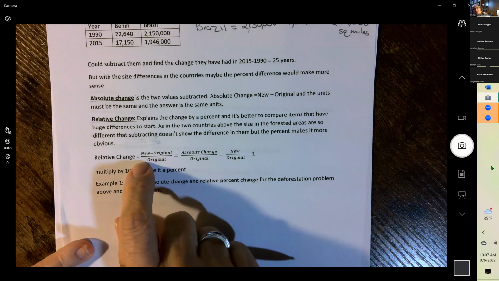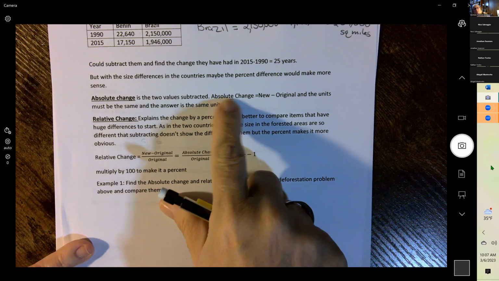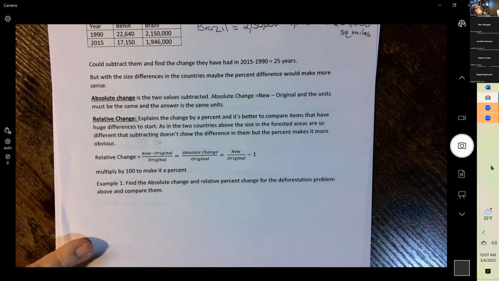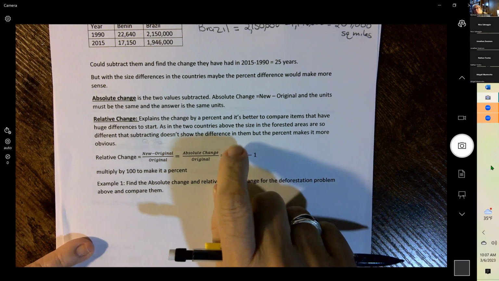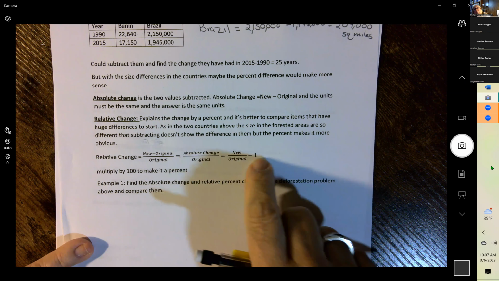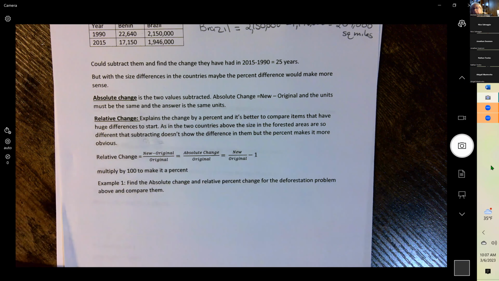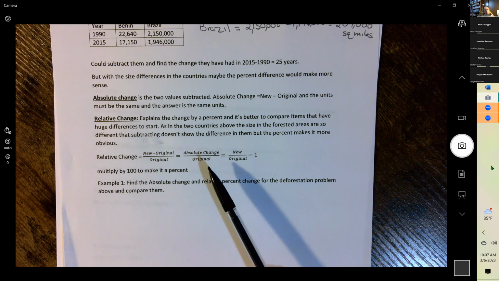Now, notice new minus original is absolute change. So you could just do absolute change divided by the original. Or you can do new divided by original minus 1. Any one of the three, whichever one you're going to remember. Now this will be a decimal because it's going to be a rate.